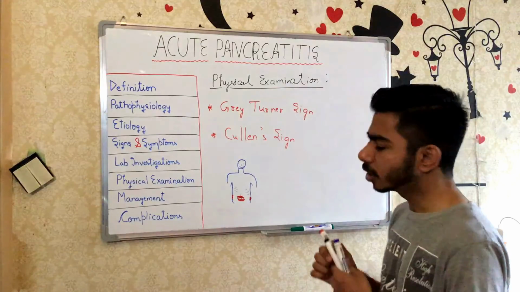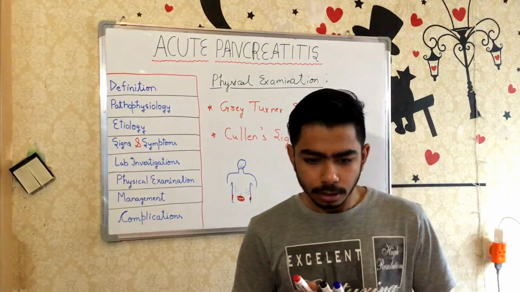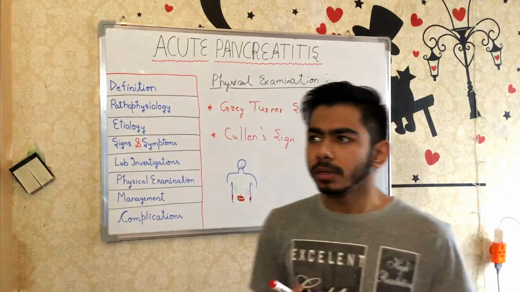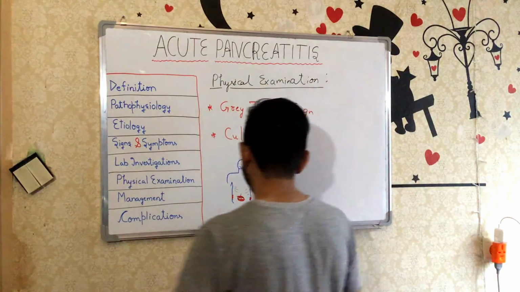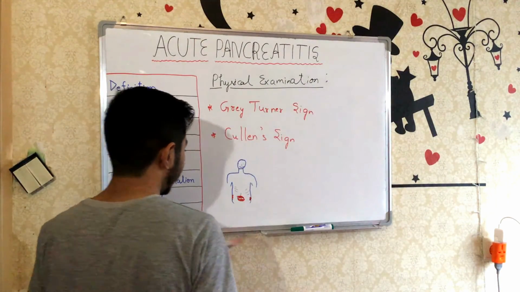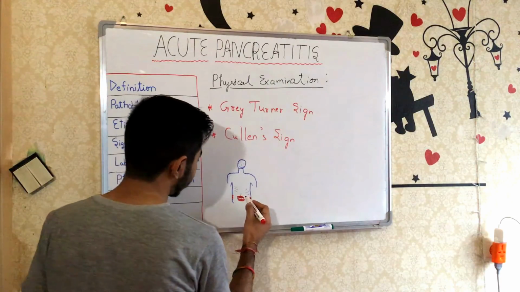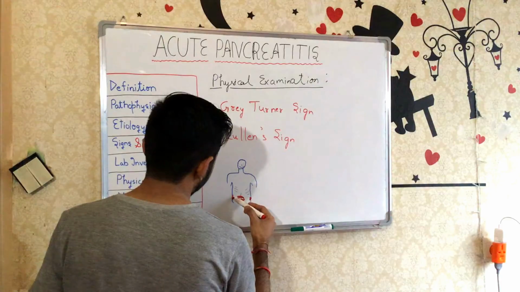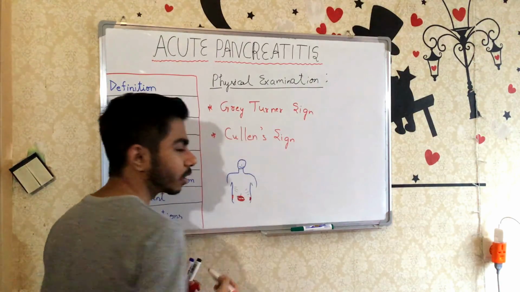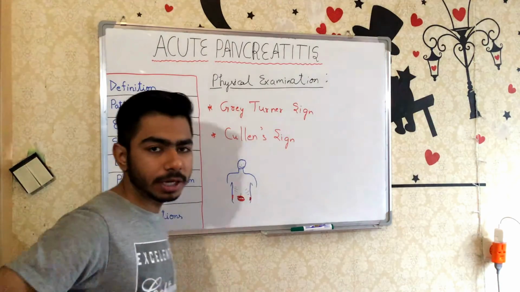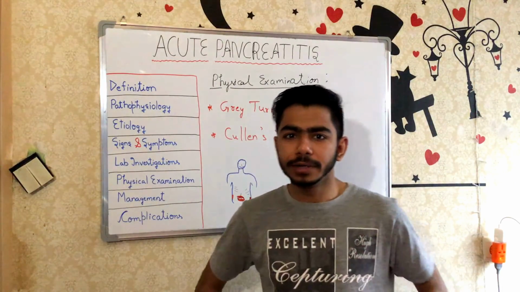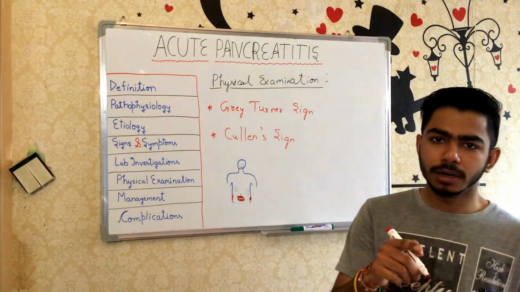Now, in the Collins sign, what will we see? If they have reddish ecchymosis in the lateral side, or in the back in some cases, or in the groin areas also, they have the Gray Turner sign.